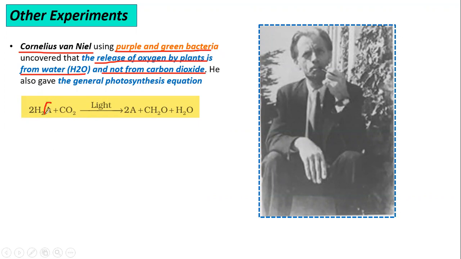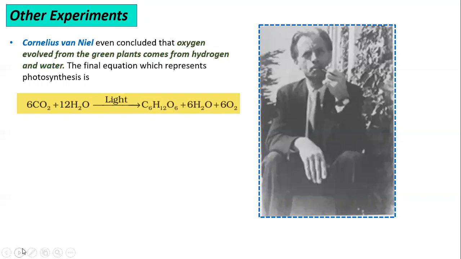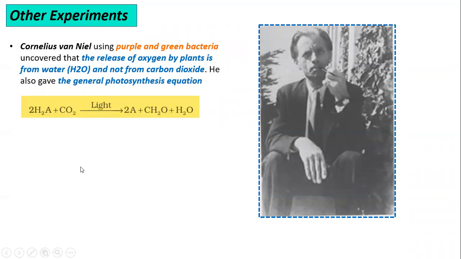Whatever component is associated with hydrogen will be released by the plants during photosynthesis. For that, he took purple sulfur bacteria. Oh, I forgot to write the equation over there. No issues. He used purple and green sulfur bacteria.